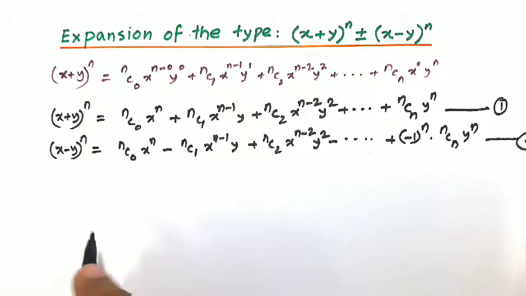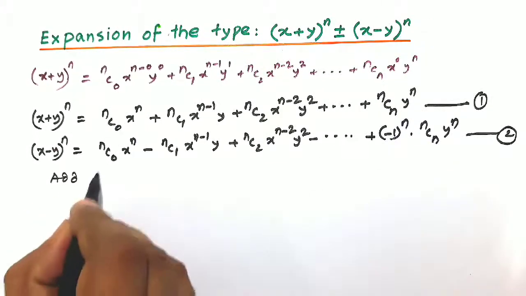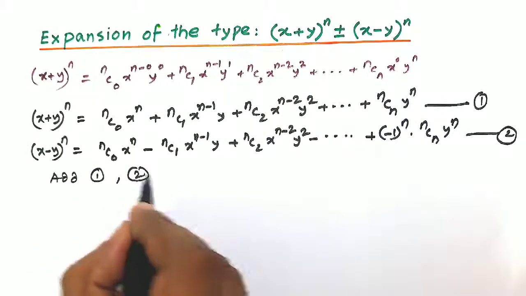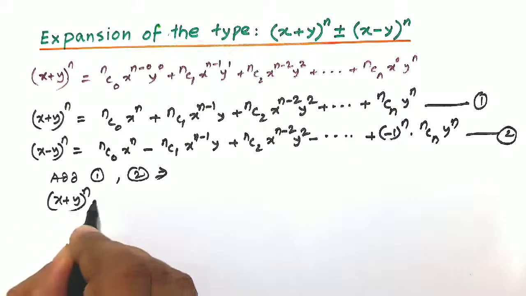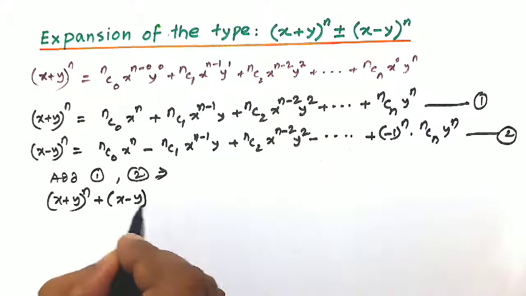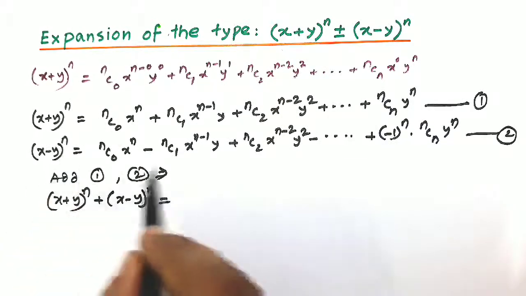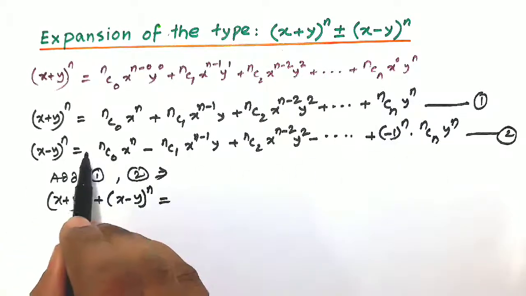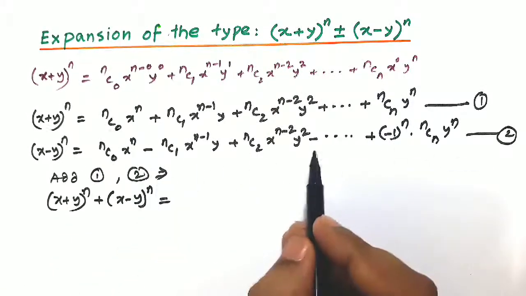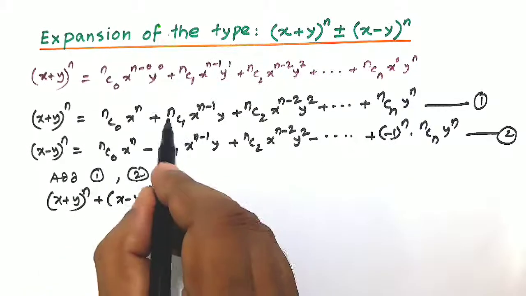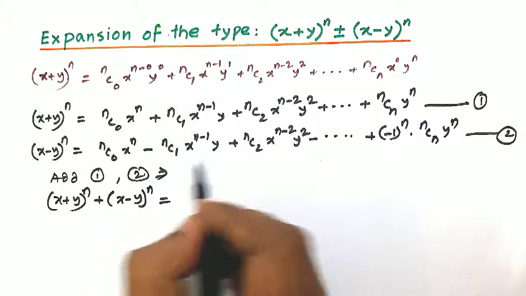Okay. Now adding 1 and 2, we get (x + y)^n + (x − y)^n. Watch carefully, (x − y)^n contains the terms in plus-minus, in alternating signs. So friends, the positive and negative terms will be cancelled because the terms are actually the same.